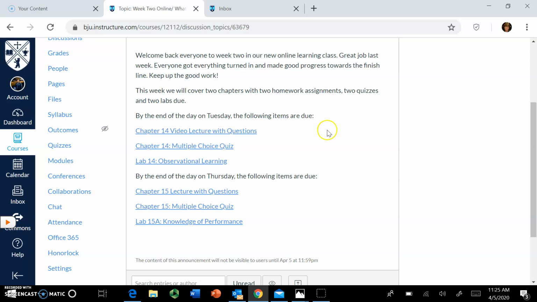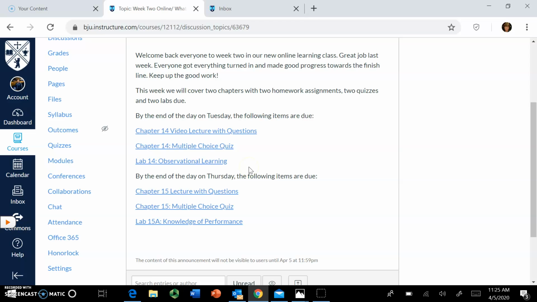The format is a video lecture online with a guest lecturer, and there are questions to answer that go along with that video lecture. Then you have your multiple choice quiz, and the lab for this chapter deals with observational learning.